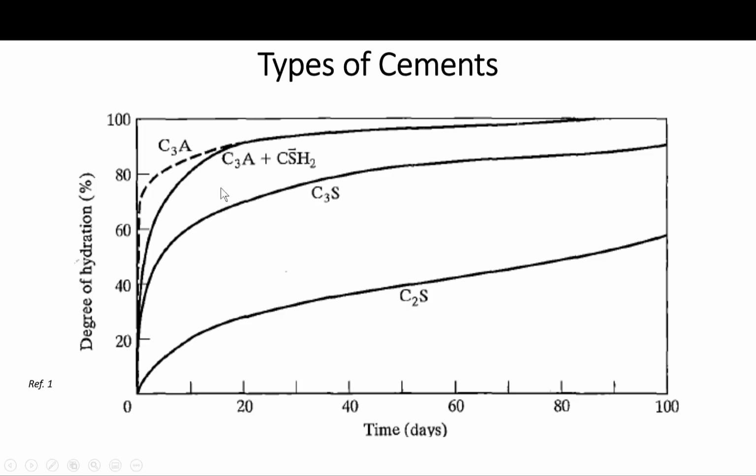One more thing to remember, which I have mentioned several times, the presence of gypsum slows the early rate of hydration of C3S. If you see this without gypsum, how the rate is much higher. With gypsum, it's slowed down. And that's really beneficial because it allows us to handle and transport and place the concrete eventually.